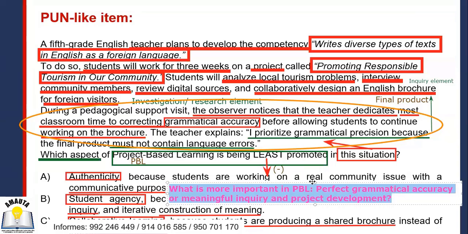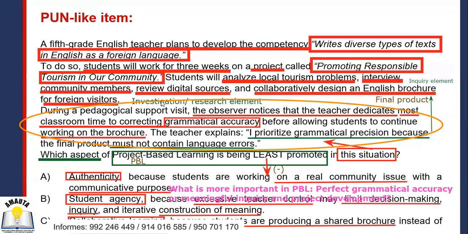What is more important, my dear teachers? Perfect grammatical accuracy or meaningful inquiry and project development?